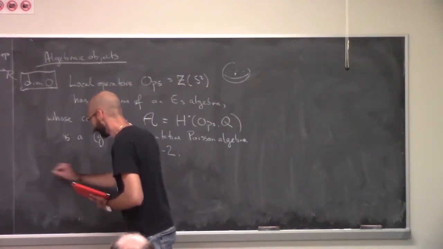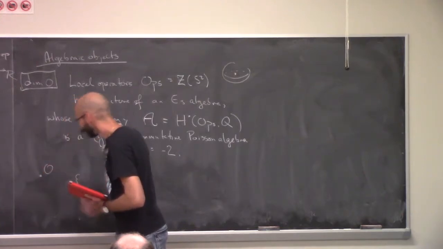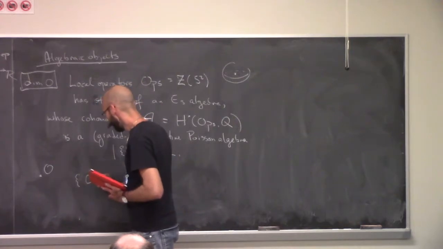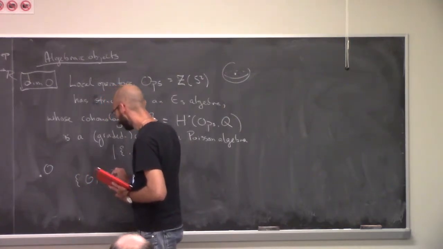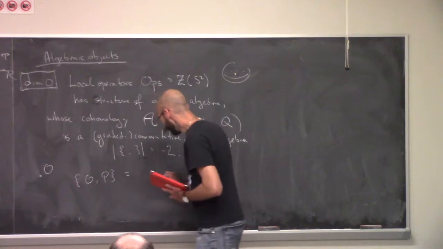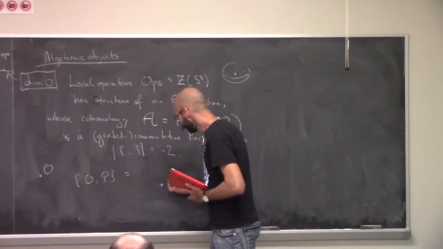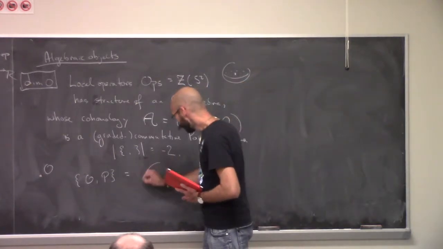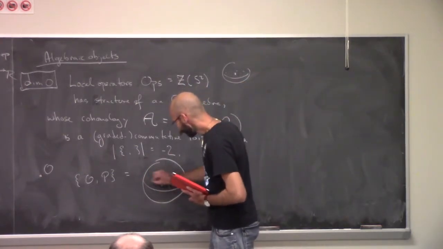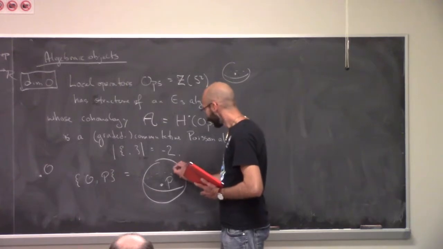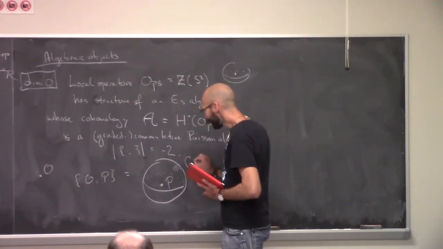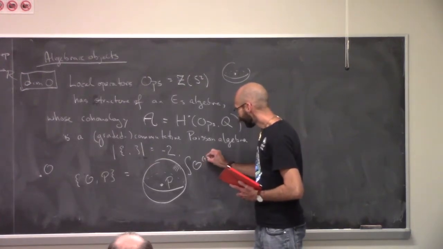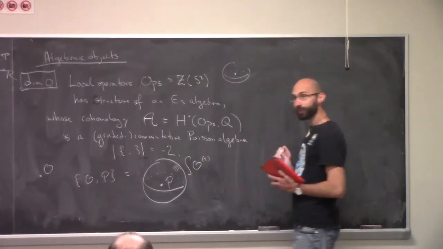So physically local operators are things supported at points, and the bracket of two local operators, O and P, is obtained by putting the local operator P at a point, surrounding it with a two-sphere, and integrating the second descendant in the sense of Witten's topological descent that he used in Donaldson theory.